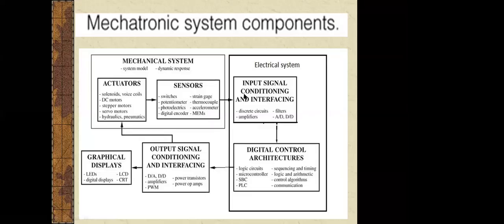The output signal from the transducer or sensor is not correct, so we make the signal correct with the help of these signal conditioning devices. Signal conditioning means the signal is conditioned by using amplifiers, filters and others.